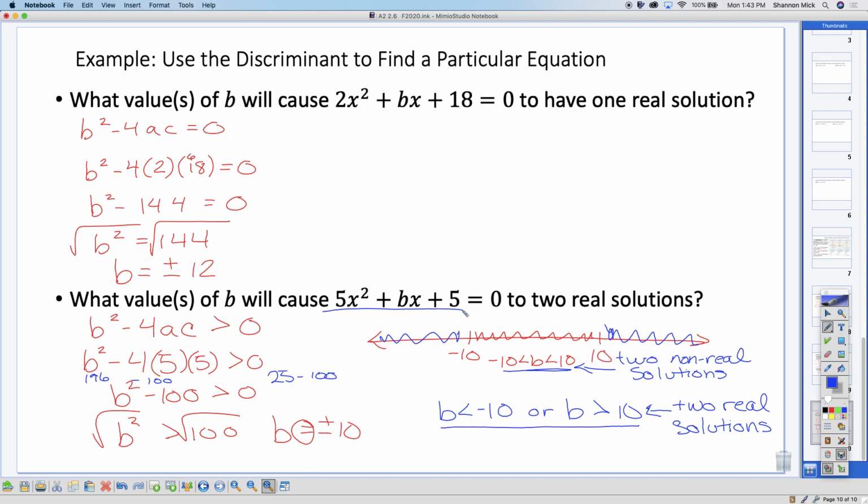I would think that you'd use 10. It would just be this, correct? Plus or minus. So all we're doing is using that discriminant and solving. Not too bad, is it?